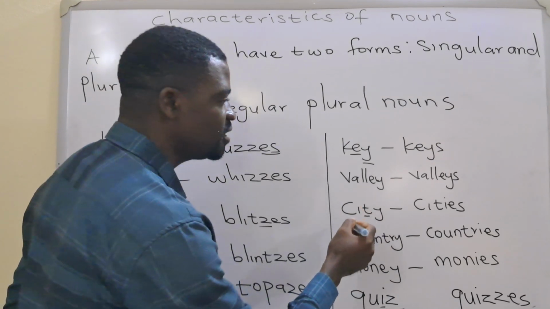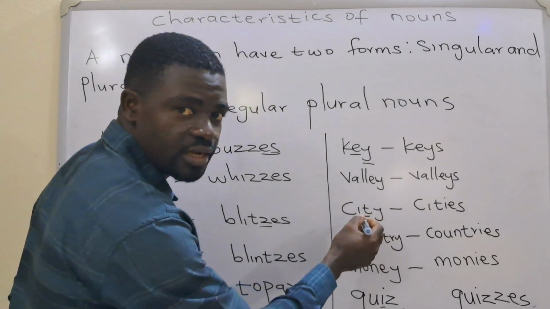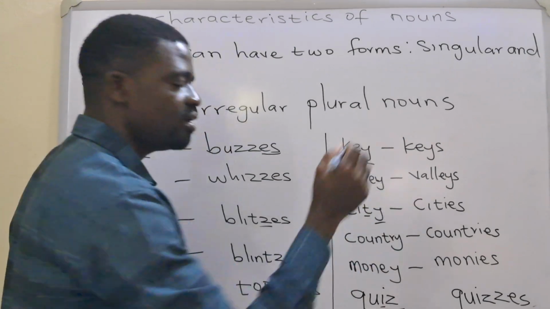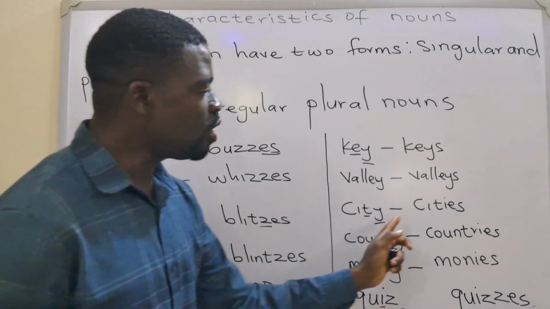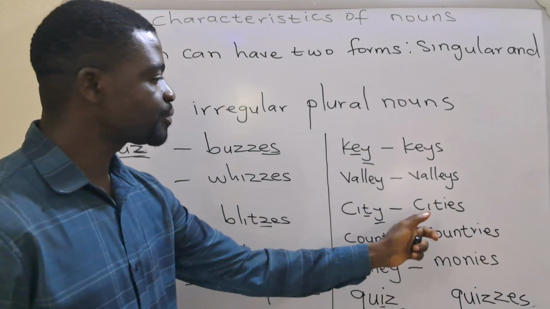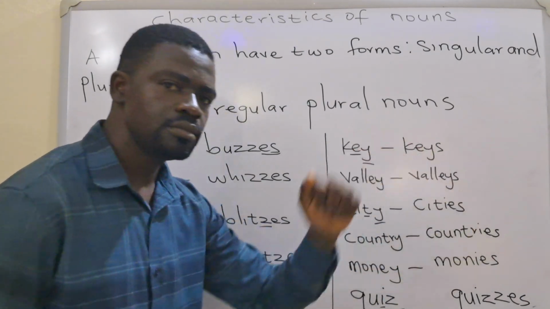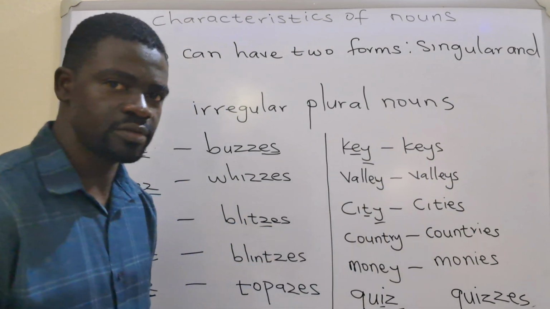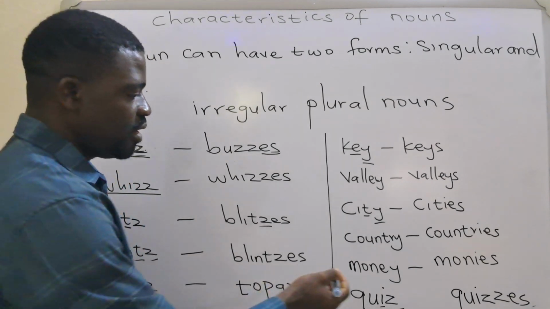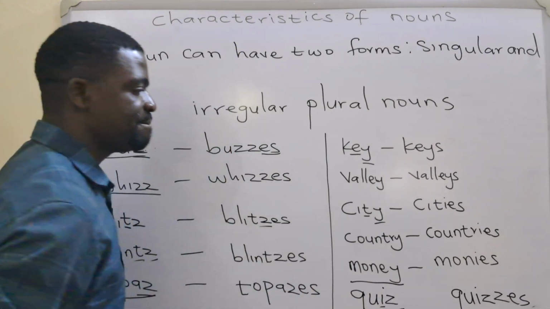This is a consonant letter, and you have your last Y. So if you want to form the plural of city, you will take away the Y, add your I, then complete it with your ES to form the plural. Here you have money.